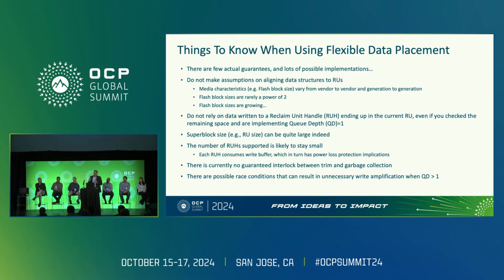You also shouldn't try to rely on data ending up in the current reclaim unit, even if you're polling to see how much space is left in that reclaim unit, and even if you're using queue depth of 1. Why do I say this? It seems like that would be something you could do. Well, the most common way to implement flexible data placement today is using io_uring. And io_uring has a very nice optimization that tries to amortize the transition cost from user space down into kernel space by holding on to IOs in a lockless, singly linked list.